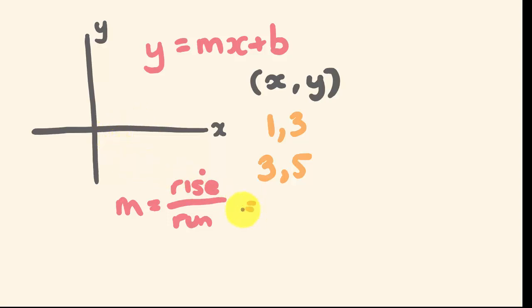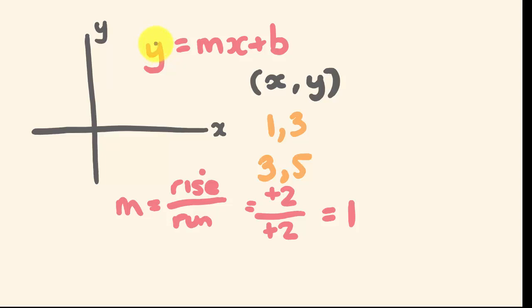The y values describe how far we're going up, so we look at the difference between these values as I go from this one to this one. You can see that I go from 3 to 5, I'm going up 2. Now with the x values, you can see how far I go across. As I go from 1 to 3, I'm also going up 2. So the rise over the run here is 2 over 2, which is equal to 1.